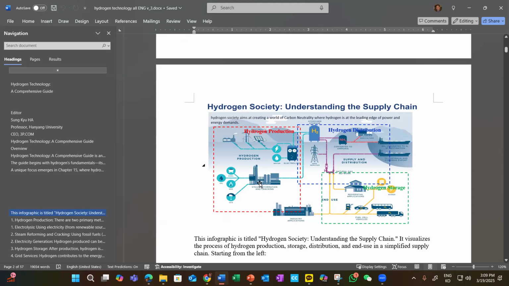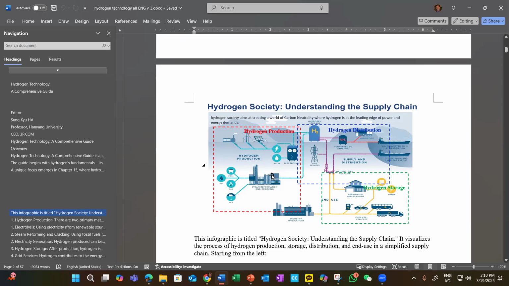Steam reforming is an important method of producing hydrogen gas. And another method of hydrogen production is through electrolysis, or an electrolyzer. We need water and electricity, and we generate H2 hydrogen gas.